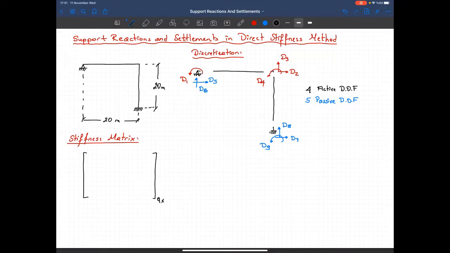So I have some stiffness coefficients that belong to the free or the active degrees of freedom, and some stiffness coefficients that belong to the restrained or the passive degrees of freedom. So here let's put a note, these are free and these ones are restrained.